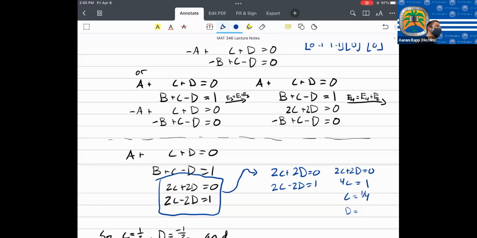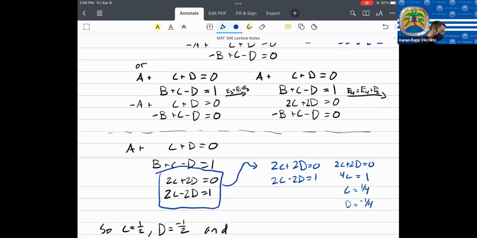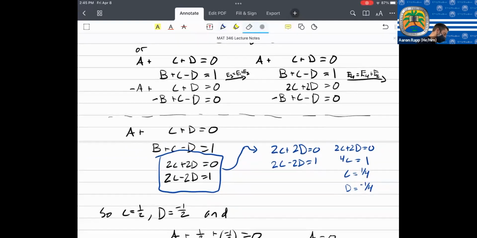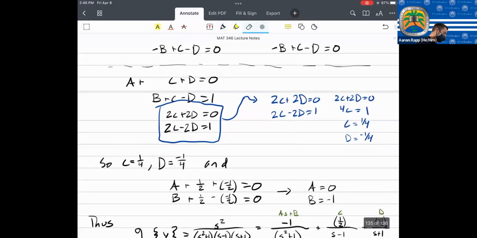And then my D has to be negative 1/4. But I still get my A, capital A, has to be 0.